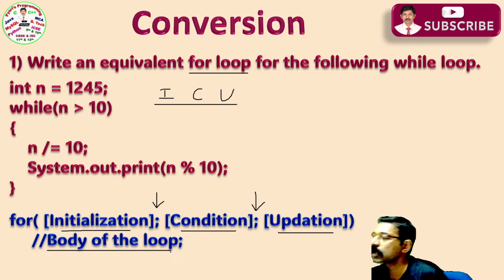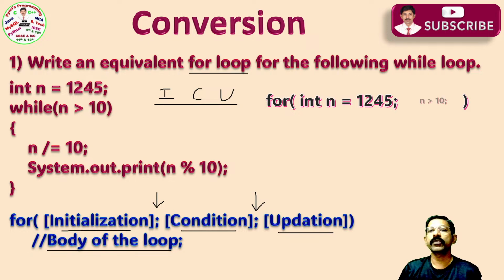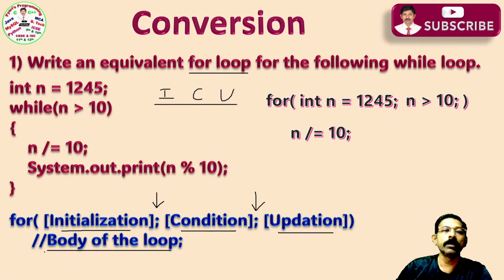Good explanation. Okay. So according to that, if I start the number with 1245, then n greater than 10 is the condition. N by 10 has to be inside the body, because here first it is changing the value of n, then it is displaying the remainder. So the number is reduced to 124. N by 10 will reduce it to 124.